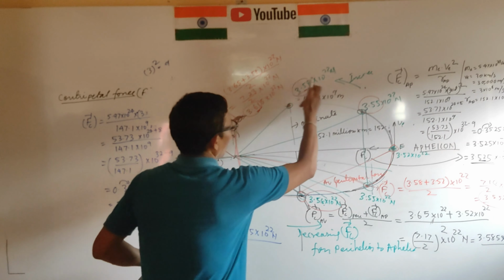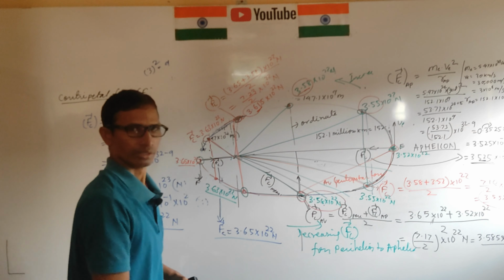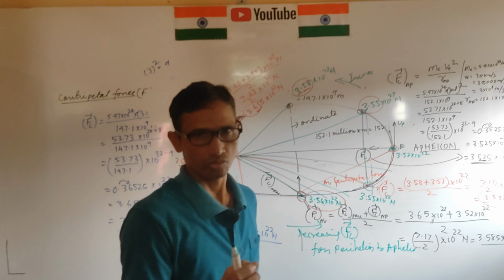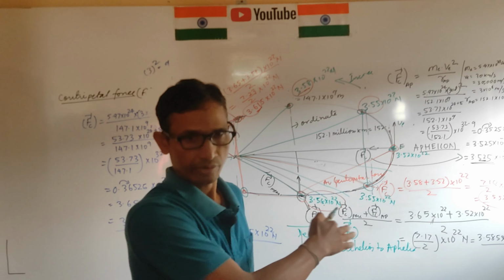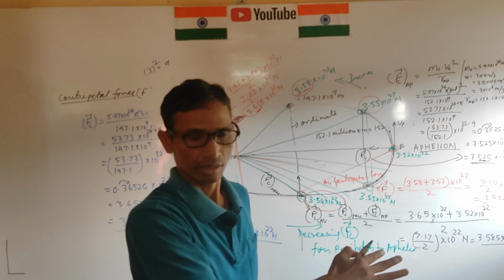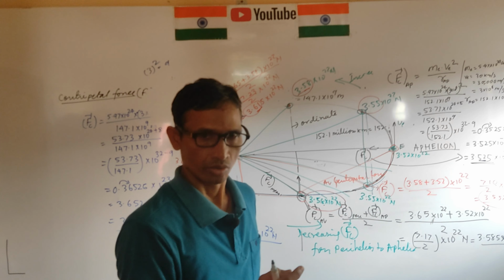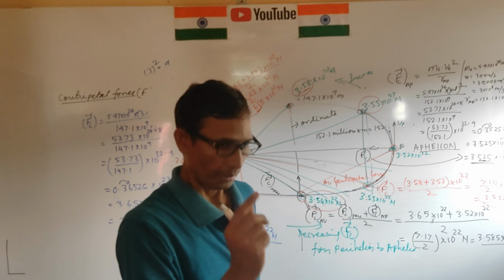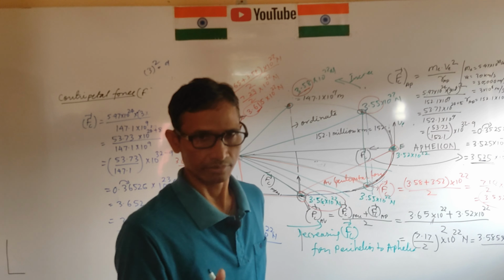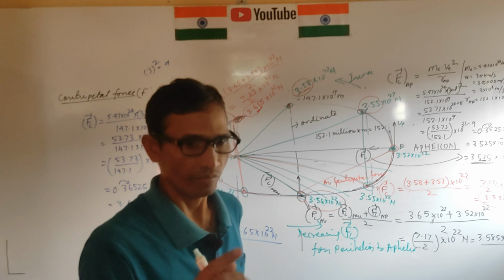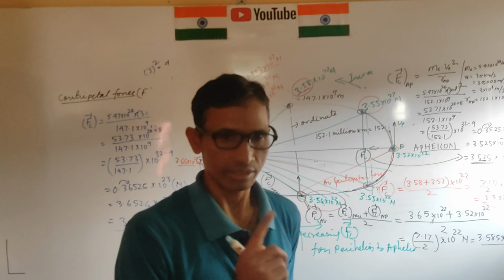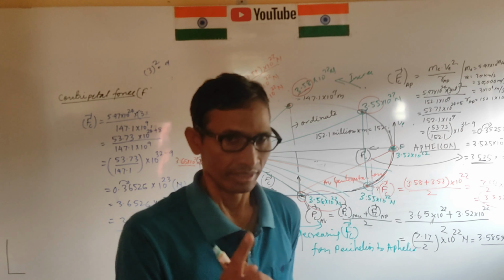This is the reason: due to the centripetal force acting on the earth while it is moving around the sun, the path is not a circle. The path of the earth around the sun is not a circle. Here is the proof.